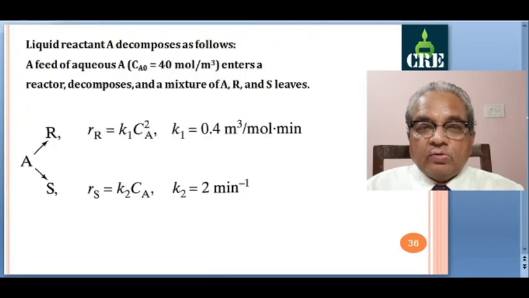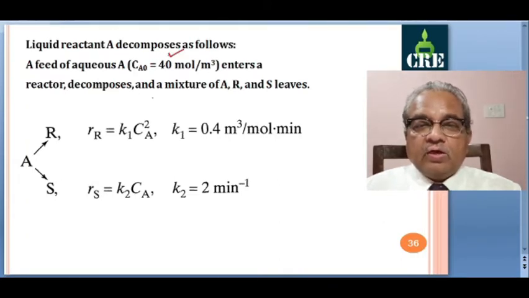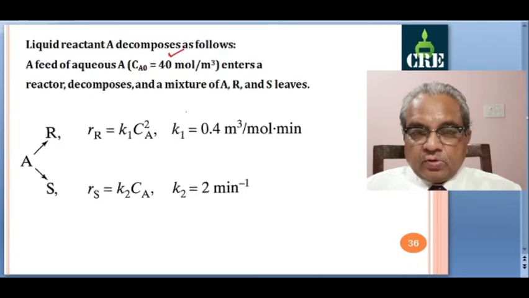Now we have to solve this set of problems. Liquid A data is common for the next three problems. A decomposes as follows. Ca0 is equal to 40 moles per meter cube. It enters the reactor, decomposes, and a mixture of A, R and S is leaving. Rate of formation of R is K1 Ca square, a second order reaction.